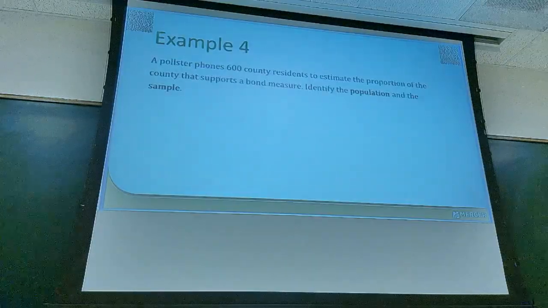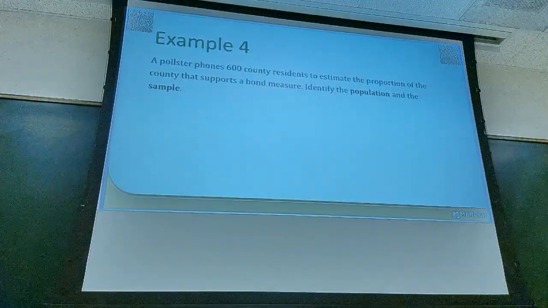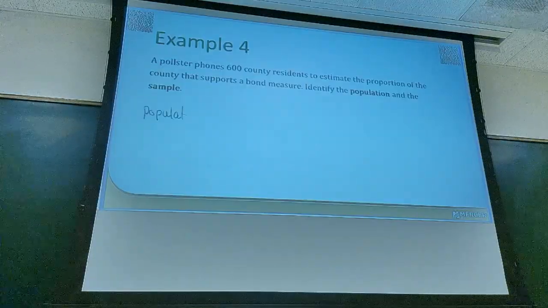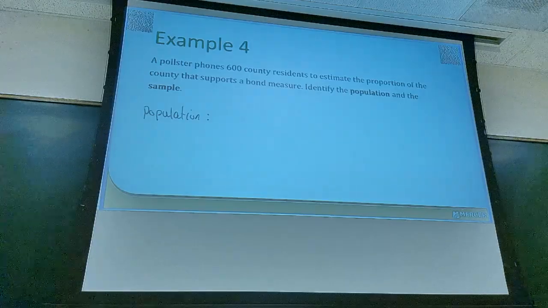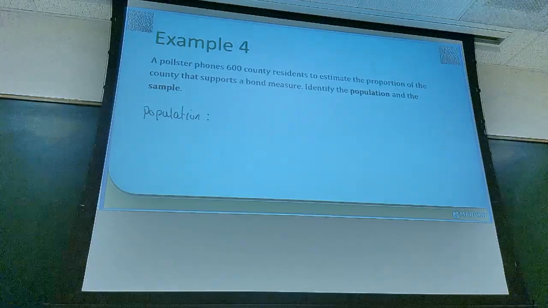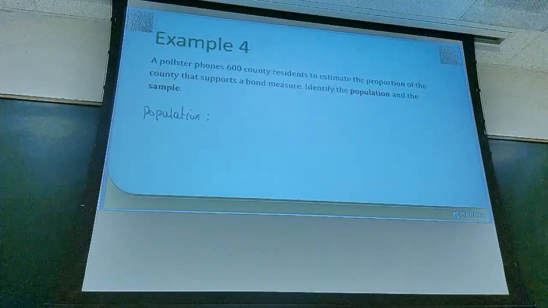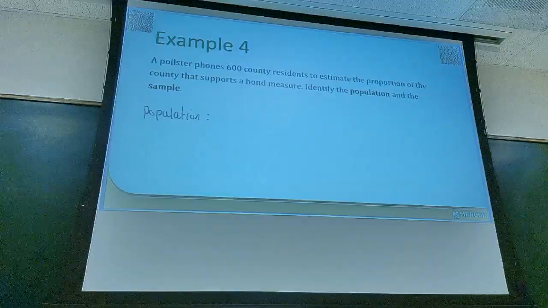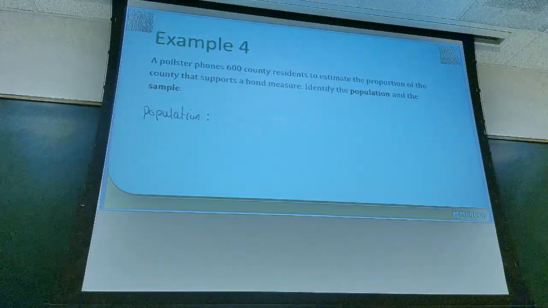Pollster phoned 600 county residents to estimate the portion of the county that supports a bond measure. What would the population be? The whole county.